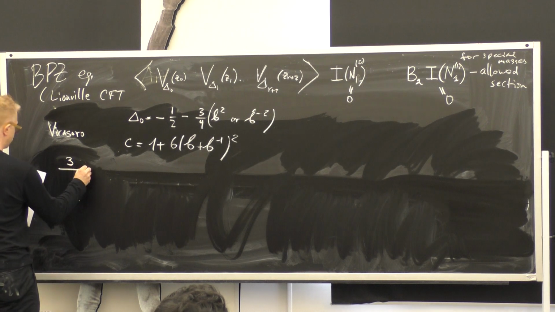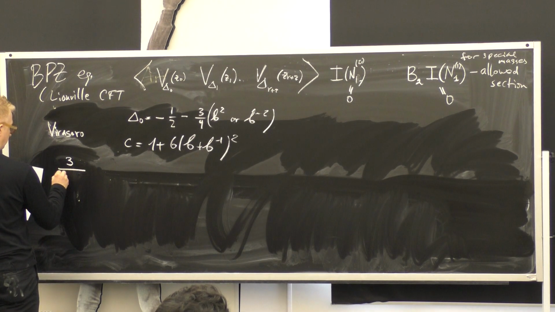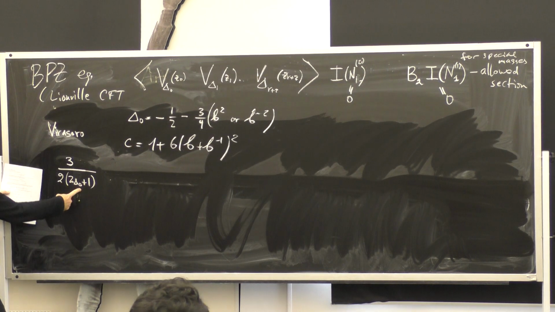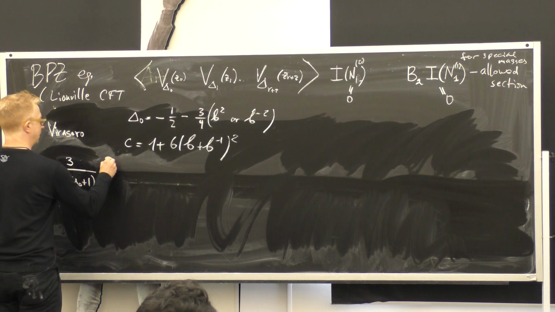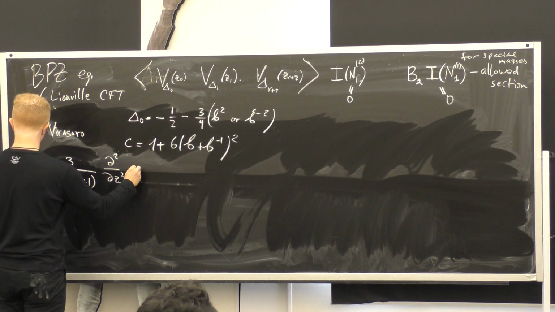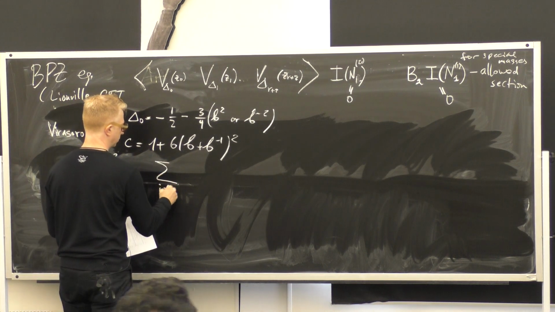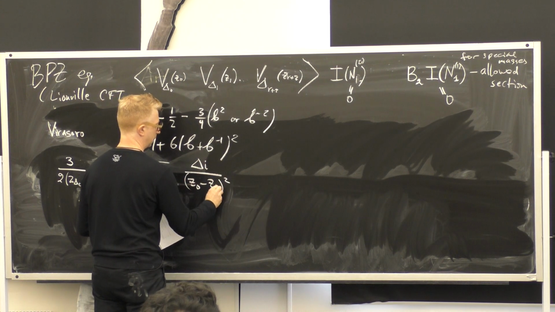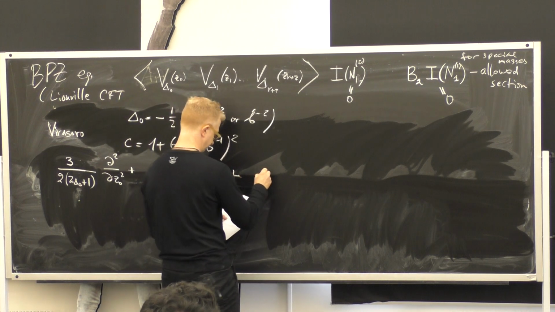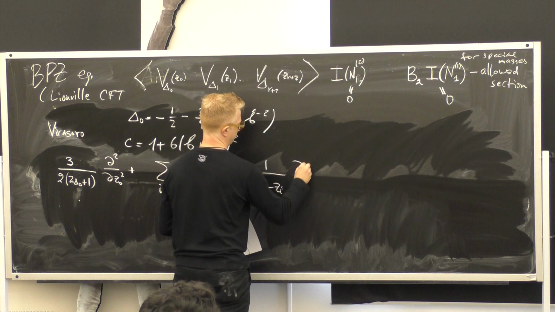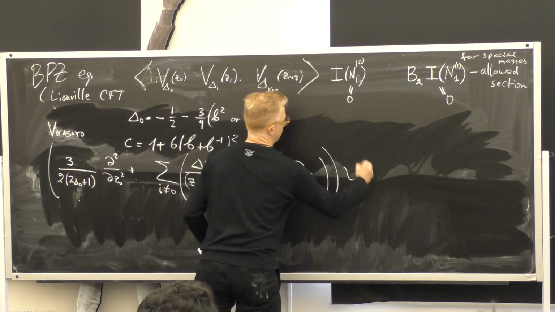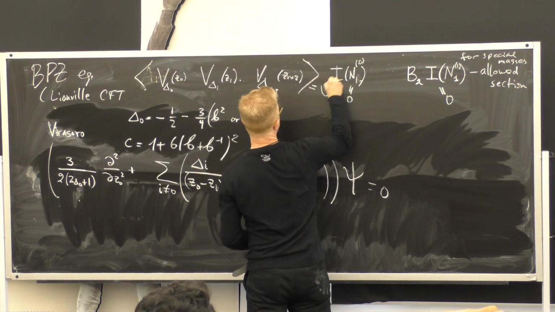Namely, the relation is 3 divided by twice... I'm writing this in a complicated way because I don't know in advance whether it will be b squared or b inverse squared. d by dz not squared plus sum over i not equal to 0 of delta i, acting on psi.